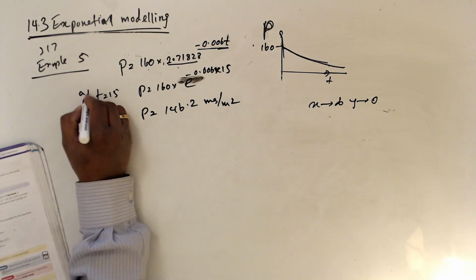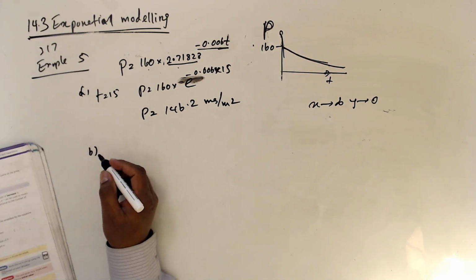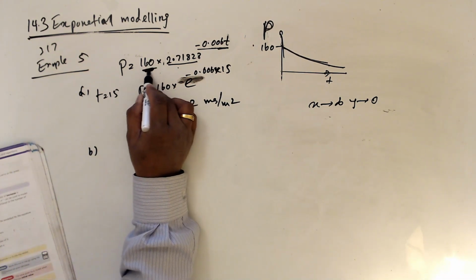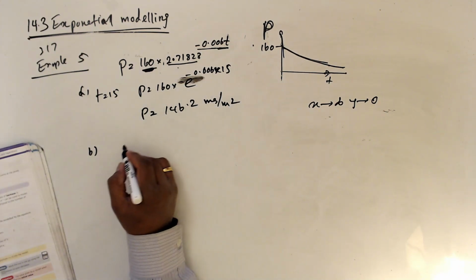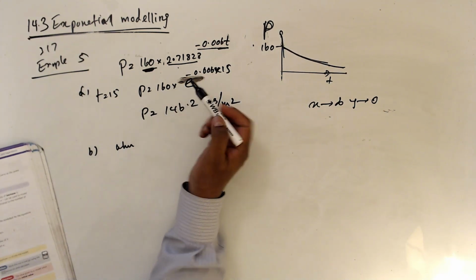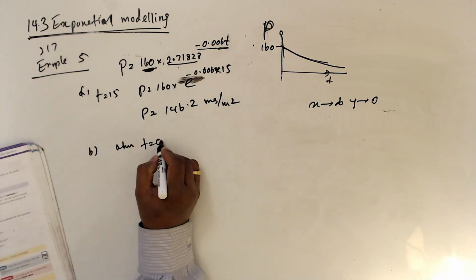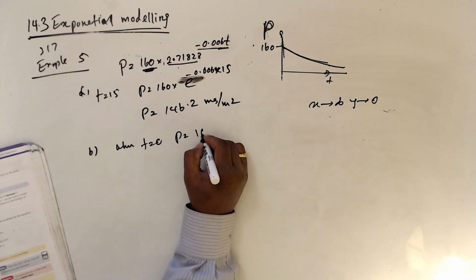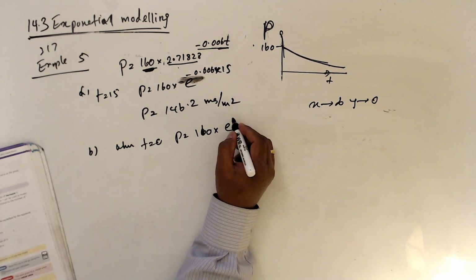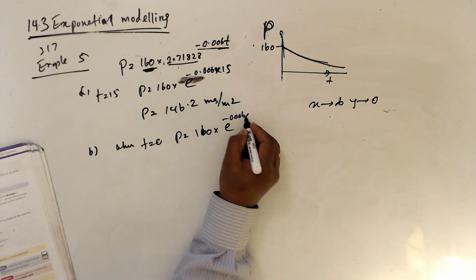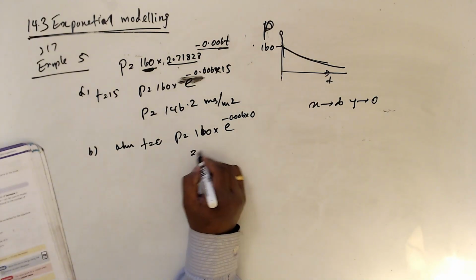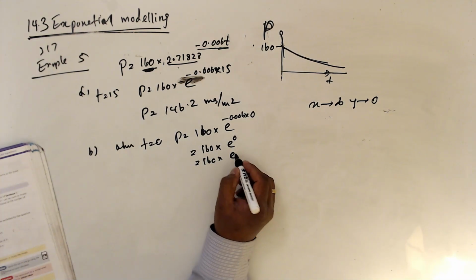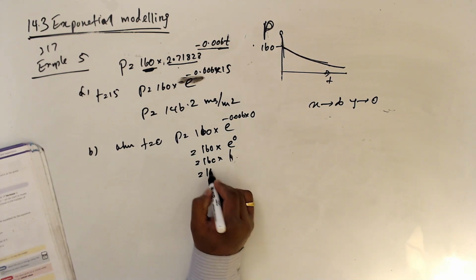Then question part B. Interpret the meaning of the value 160 here. So we want to get an idea of the starting value. When t equals 0, P equals 160 times e to the power minus 0.006 times 0. It means 160 times e to the power 0, and e to the power 0 means 1, so it means 160.